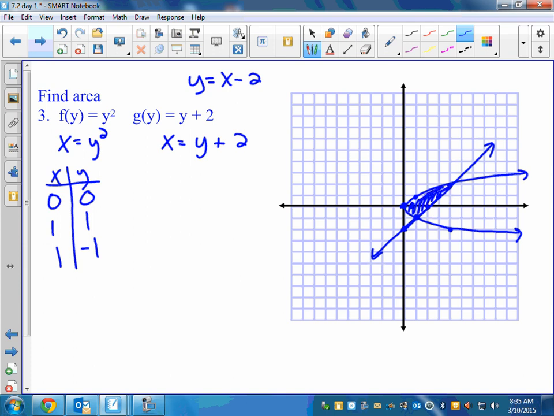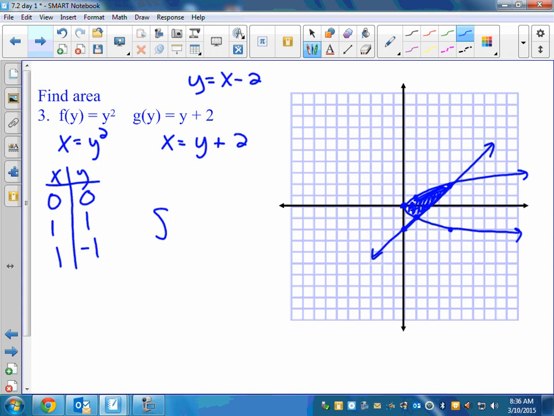Here's what you're looking for. You're looking for that closed shape. What would my bounds be on here? Yeah, be really careful.